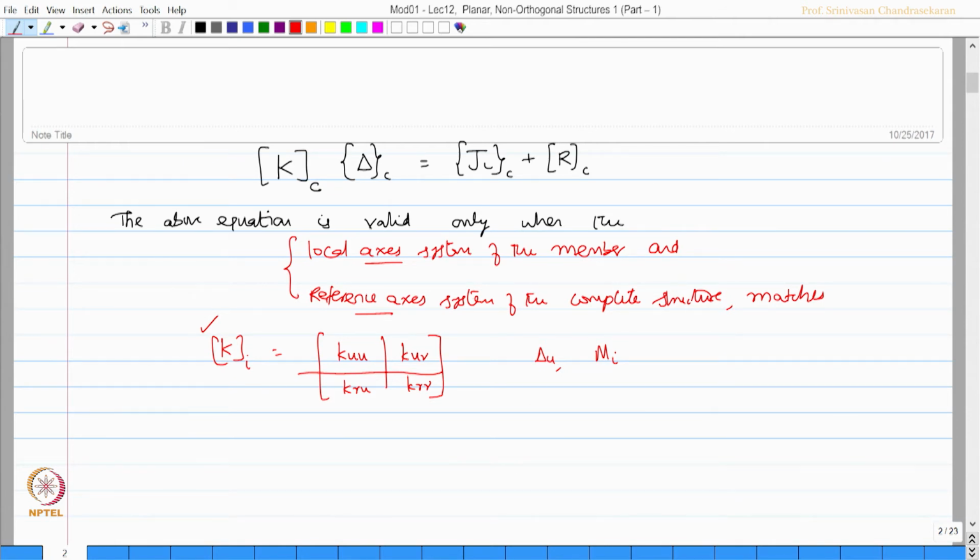The complication starts only when the members are non-orthogonal to each other. So, we can make a statement that all members must be aligned, if not aligned, transform, with respect to the reference axis.